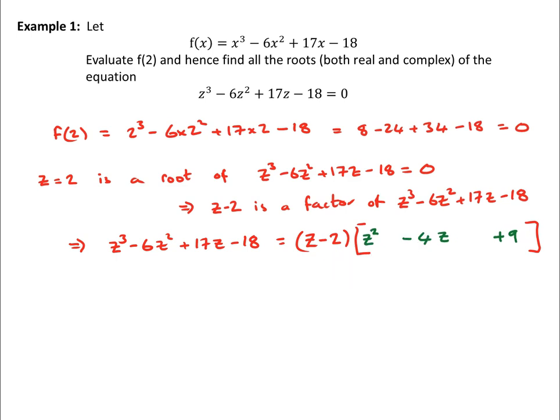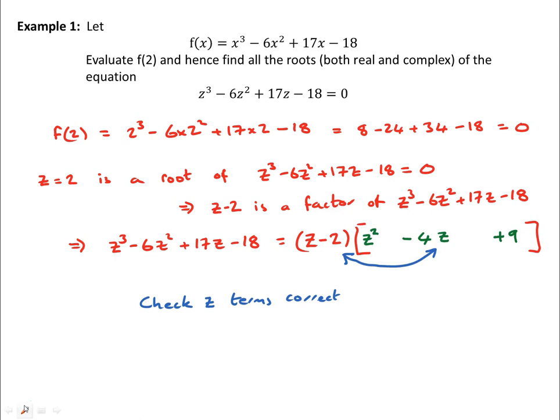So we reckon the factorisation is z minus 2 times z squared minus 4z plus 9. But it would be worthwhile checking the final term. We'll check the z term. That's the only one we haven't checked is correct at the moment. So where do the z terms come from when we expand out the brackets? Well, we're going to get a z term from minus 2 times minus 4z.